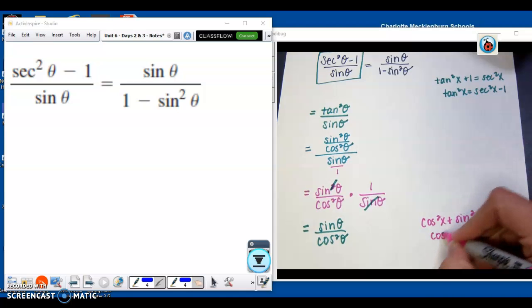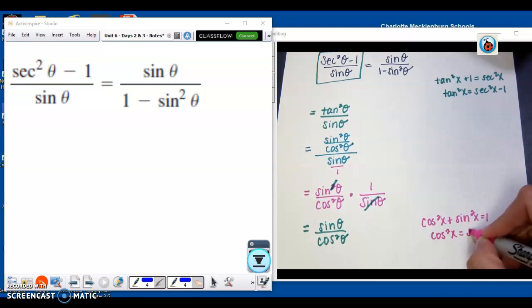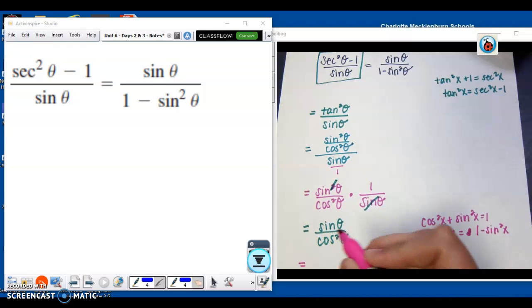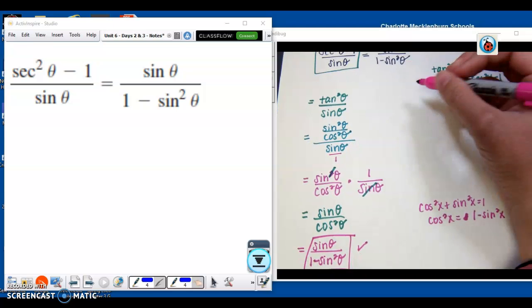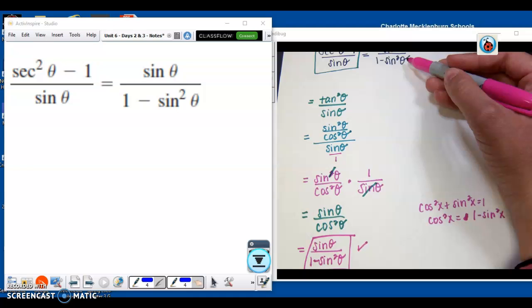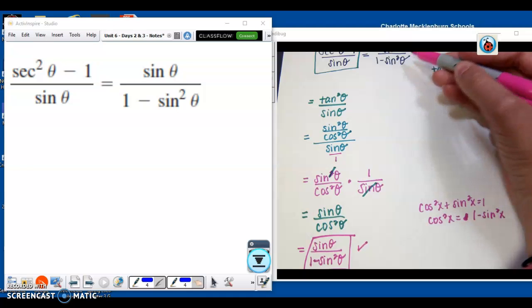If we rewrite this, see how cosine squared x is equal to 1 minus sine squared x? Well, that's what we have here. So this is the same thing as sine theta over 1 minus sine squared theta, which is what we were showing that it was equivalent to on the other side of our equal sign.